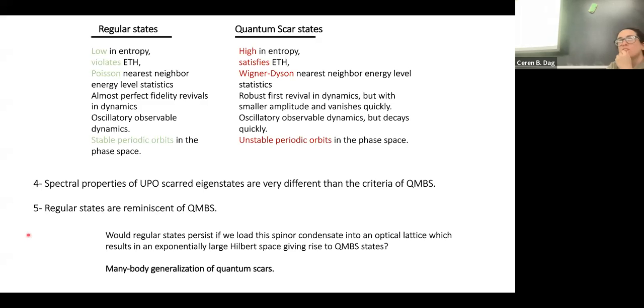But the interesting thing here is that you find them in a chaotic model. So that's really coming from the mixedness.